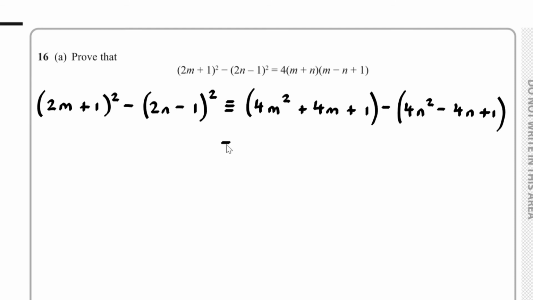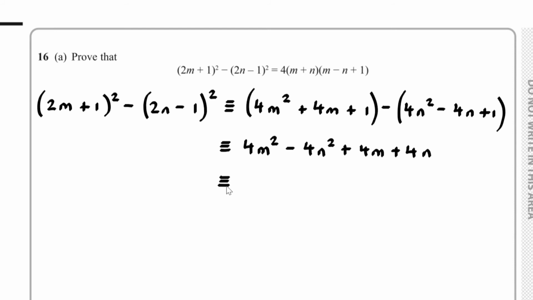If we attempt to tidy this up even further, we have 4m squared subtract 4n squared. Then we've got 4m subtract negative 4n, so that's positive 4n. Then we've got 1 subtract 1, which is 0. Now we have to simplify this even further.